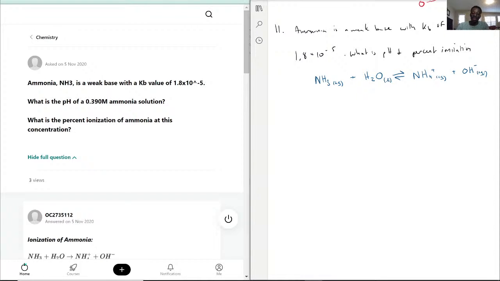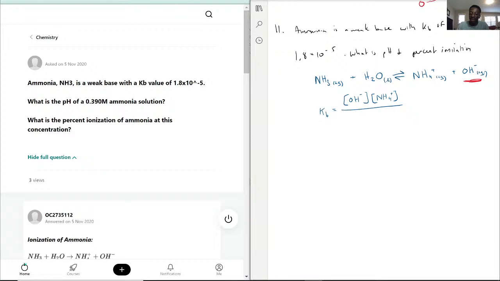So our formula is Kb, because we're dealing with the OH, but it's very similar to Ka. Kb is still products over reactants, but you have to make sure you're solving for the concentration of hydroxide ions, and that is the key difference.